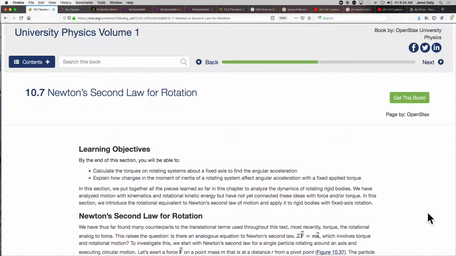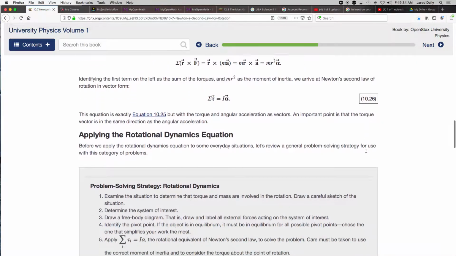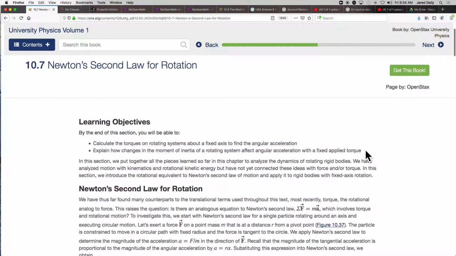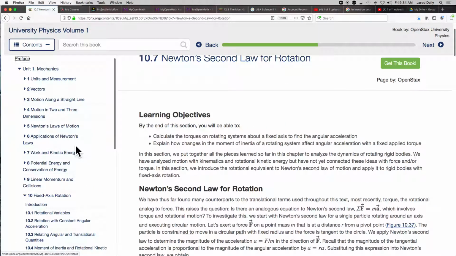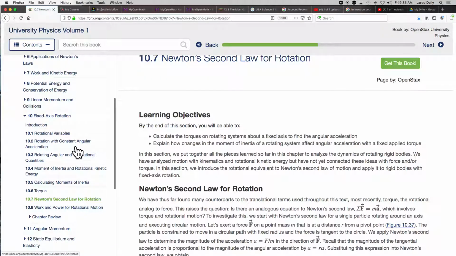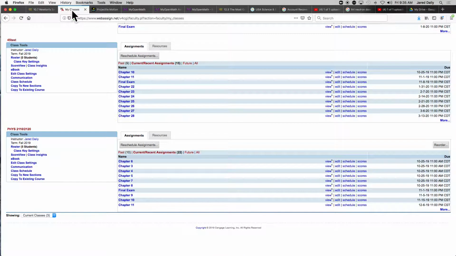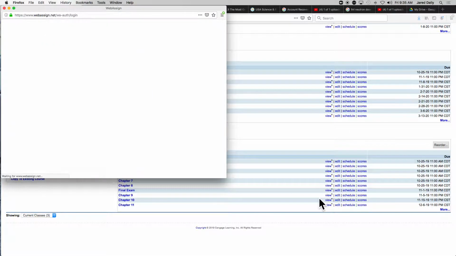So once we figured out how to calculate torque, well, actually, we should do one more thing. I think in your homework you have a problem where you have to calculate torque from the component form of the vector. What chapter are we in? 10?